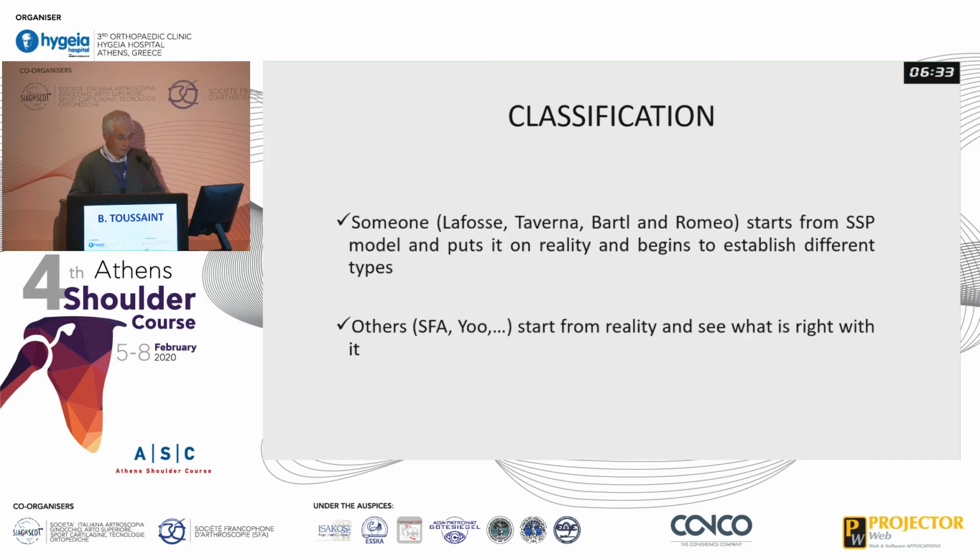In different classifications, someone starts from the supraspinatus model and puts it on reality and begins to establish different types. Our classification and your classification start from reality and see what is right with it.